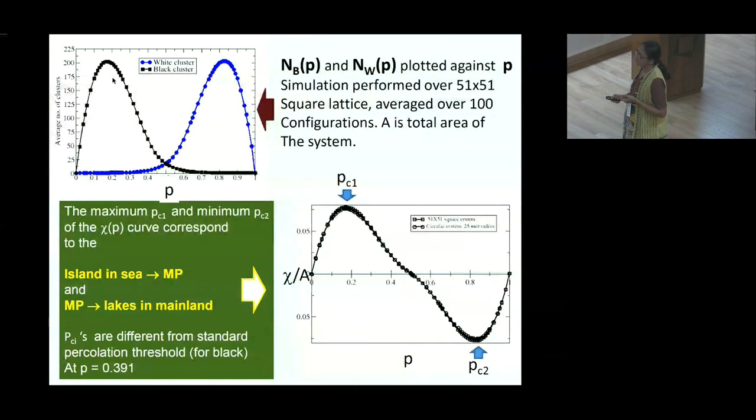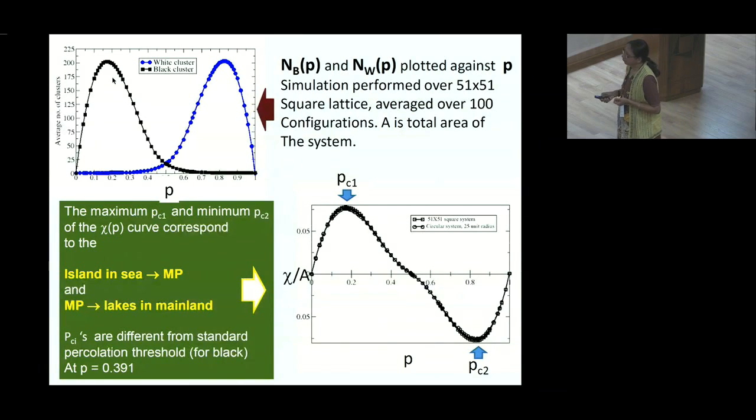And we suggest that this maximum PC1 corresponds to our first transition, the island to mixed phase transition. And this corresponds to the other transition, which is the mixed phase to the mainland and lake configuration. So we have these two transition points.